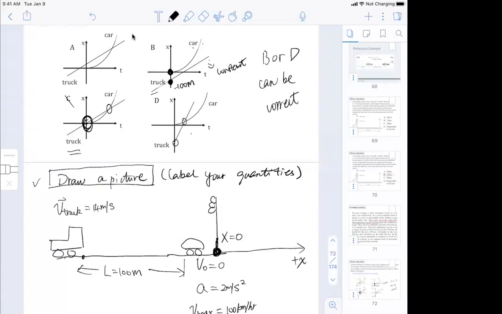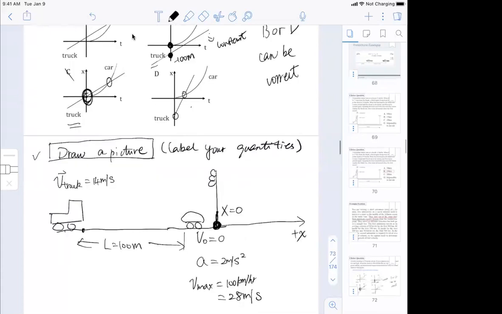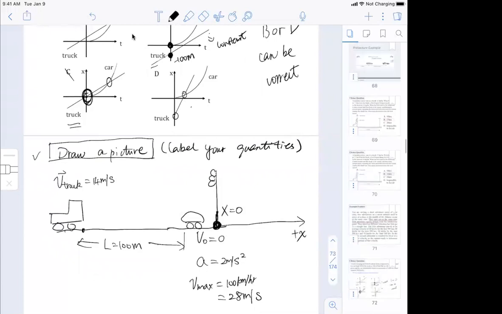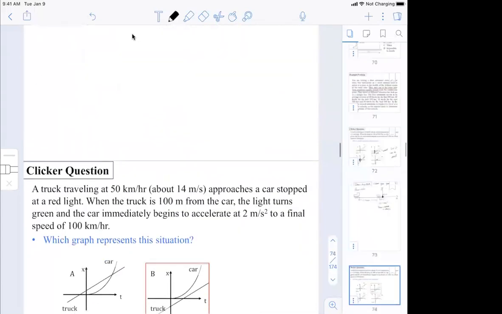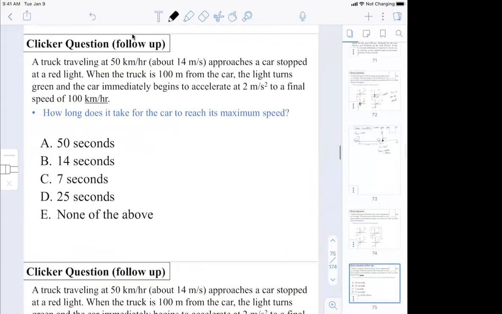So the next question is, how long does it take for the car to reach its maximum speed? The reason I ask this is that the motion of the car is different at different times, so I need to analyze it in different ways.